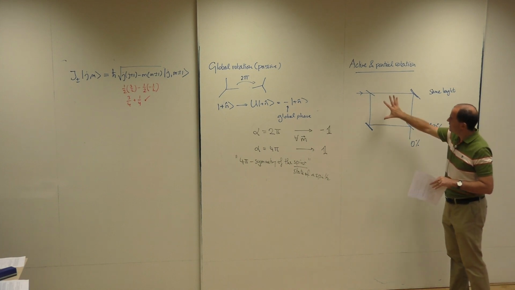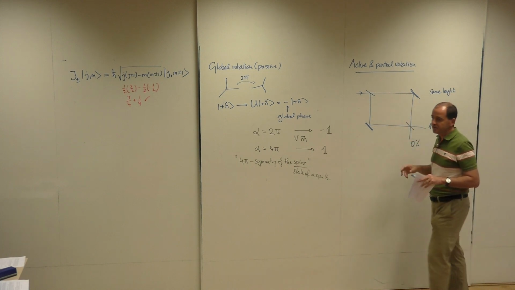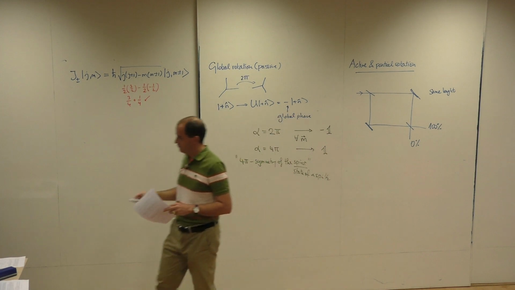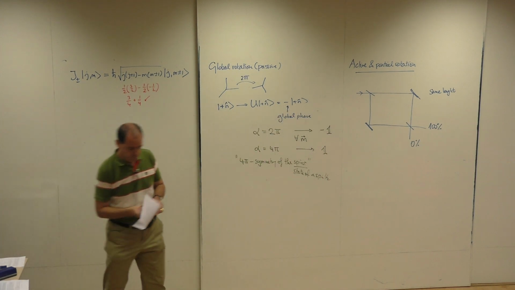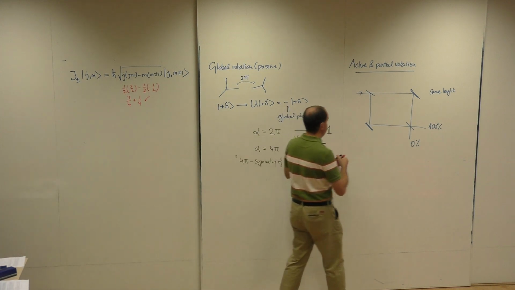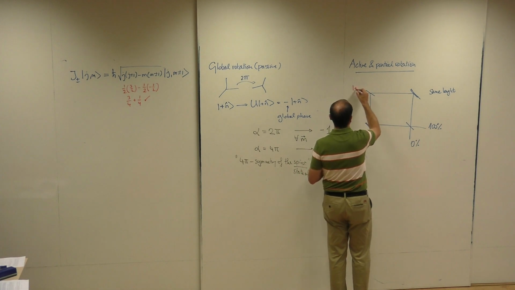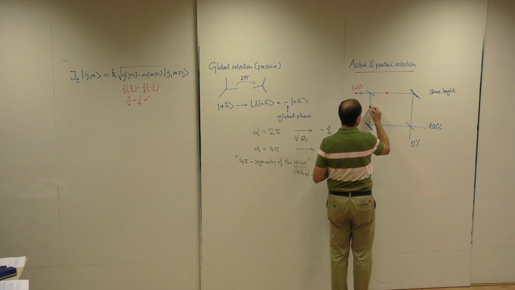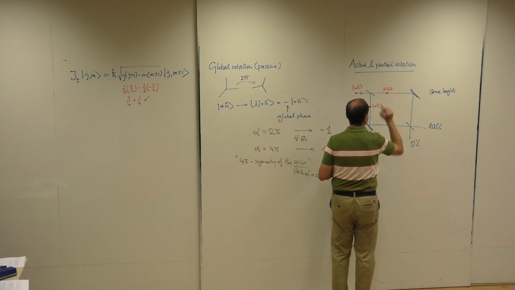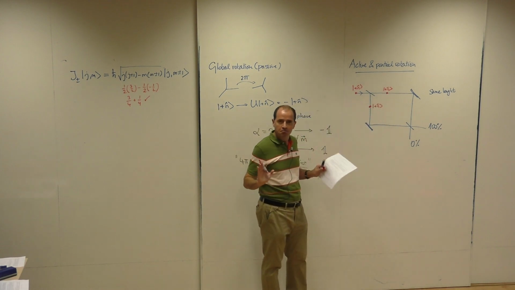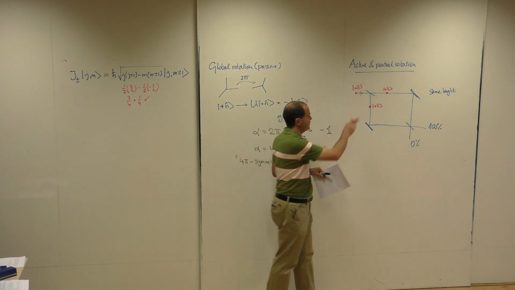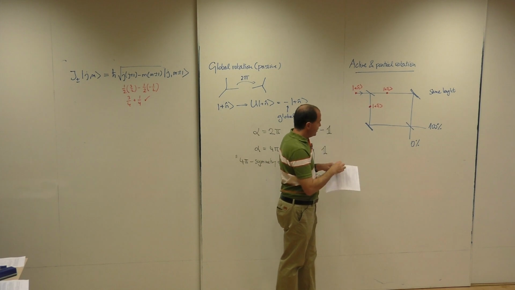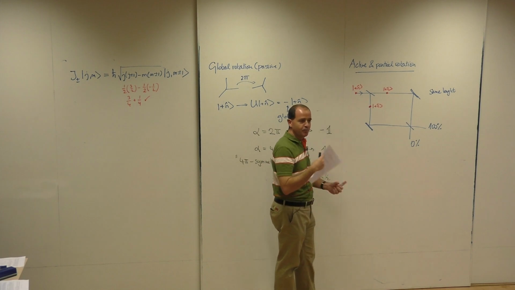Now let's suppose that the particle traveling through this interferometer actually has a spin. So the spin is in direction plus n here. It goes here. Here the beam splitter doesn't change the spin, so the spin is still plus n. No problem, right? The particle keeps going. But the spin is a magnetic moment.